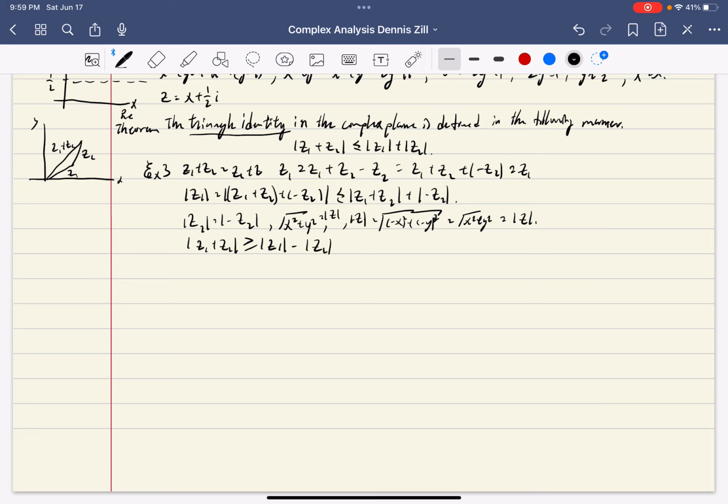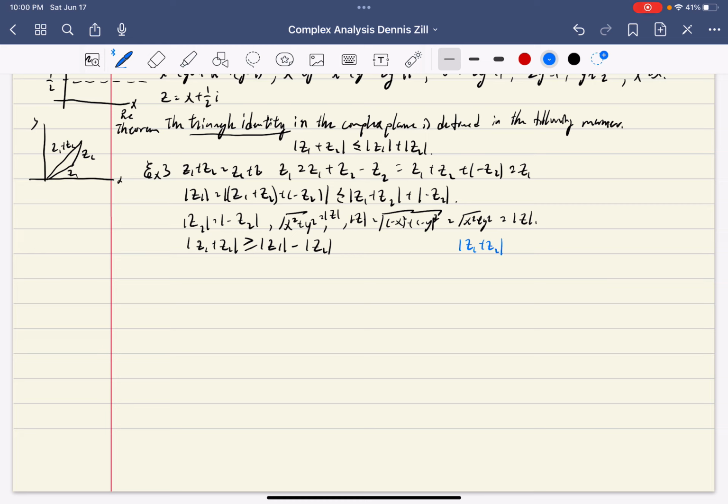Because we know, how would I prove this? So basically you can think of it like this. You have z1 plus z squared, right?